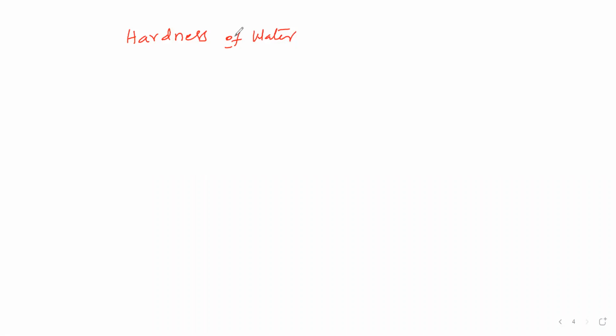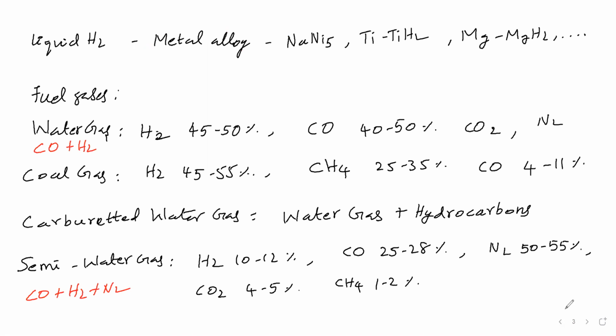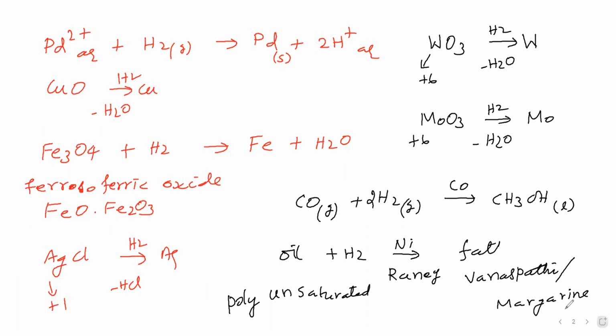In the water, what minerals are there? What mineral ions are there? Sodium ions, potassium ions, calcium ions, magnesium ions, and Fe2+ are present. So in the water, minerals are present, which means metal cations are present.